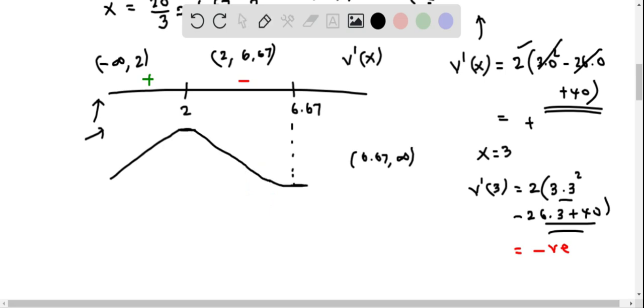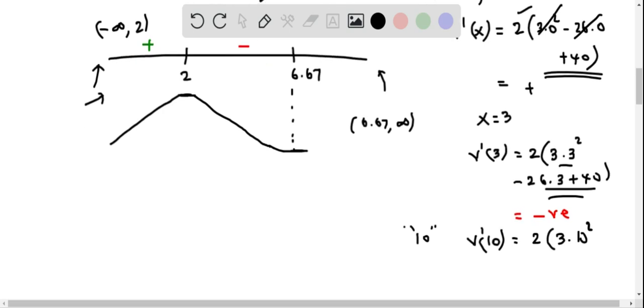So here I have drawn this, and let's determine after this one. That is 6.67 to greater than 6.67. So we can pick some random numbers. Let's say that we pick 10. So this becomes v prime of 10, and this equals 2 times of 3 times of 10 squared minus 26 times of 10 plus 40.